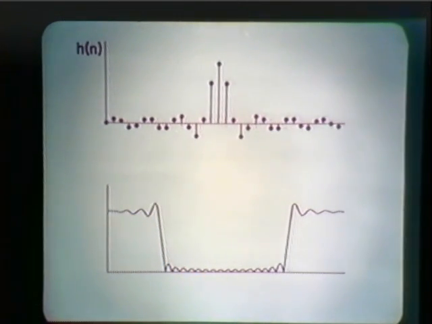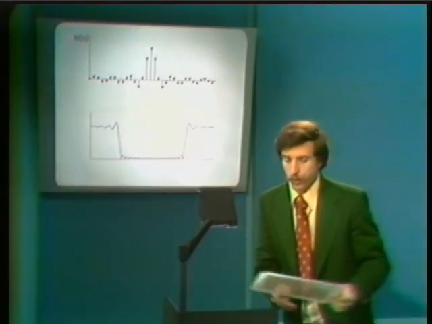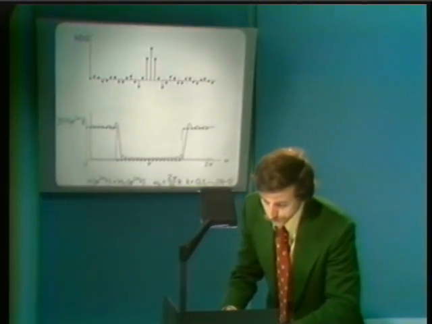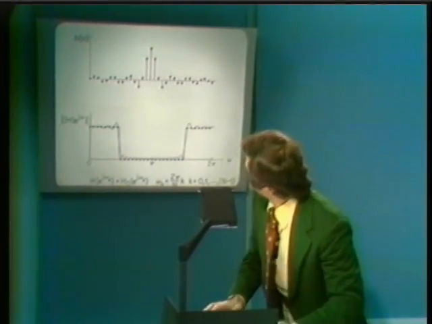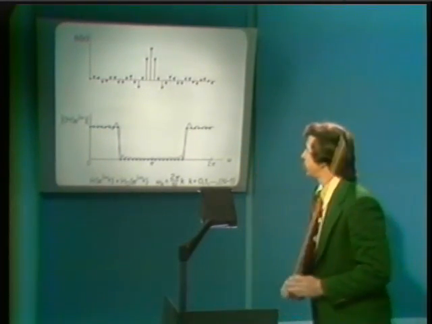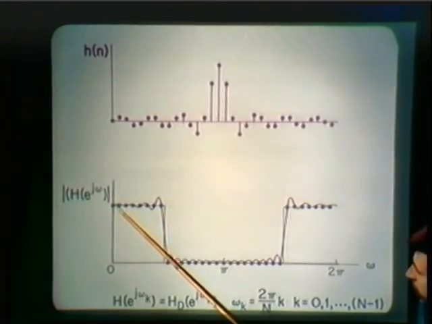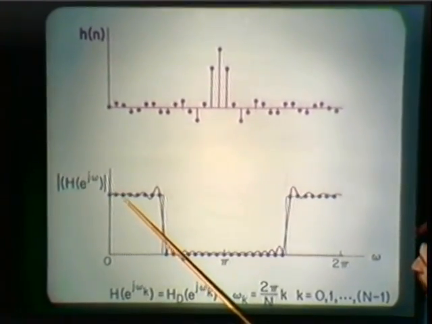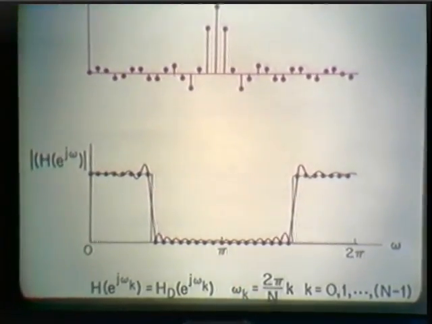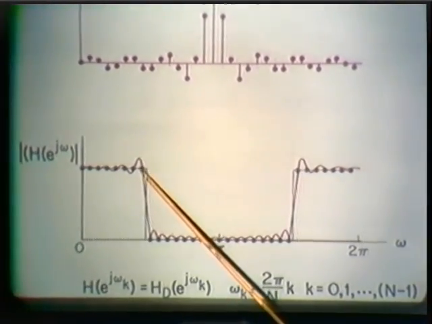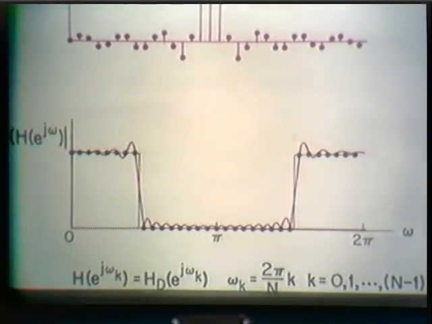In fact, by simply putting the previous view graph on top of this one, we can see that this frequency response characteristic indeed goes through the specified frequency points, but it is not particularly well constrained in between those points.